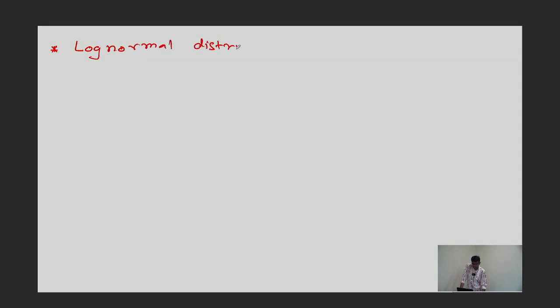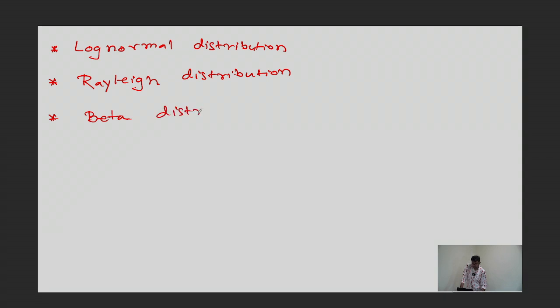Then you have the Rayleigh distribution, then the beta distribution, then the gamma distribution, and then one distribution that is quite popular in reliability, at least in time dependent reliability, is the Weibull distribution.